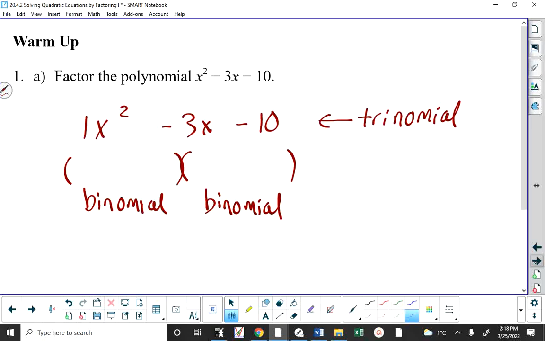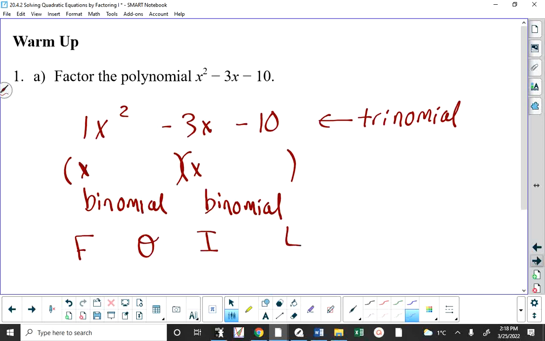Factoring is the reverse of multiplication. You're finding out what things would multiply to give what you start off with. And there's a trick here: if I asked you to multiply out these binomials, you would use FOIL, first, outer, inner, last.